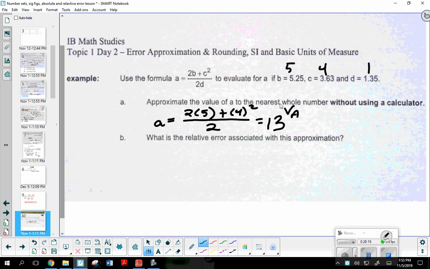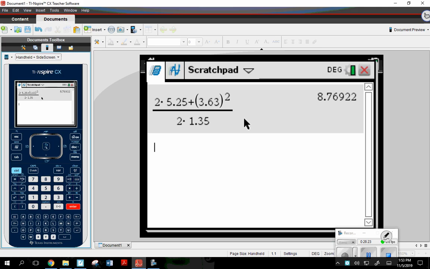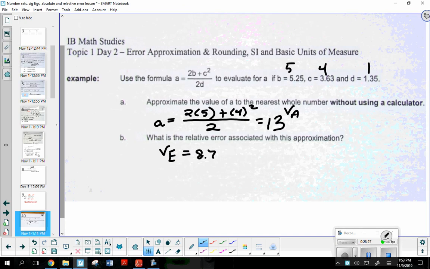The exact value is equal to, I'll write this in 3 sig figs, 8.77. Now what I want to do is find the relative error. But in order to find the relative error, what do I need to find first? Remember the absolute error. So that's going to be the absolute value of 13 minus the 8.77.